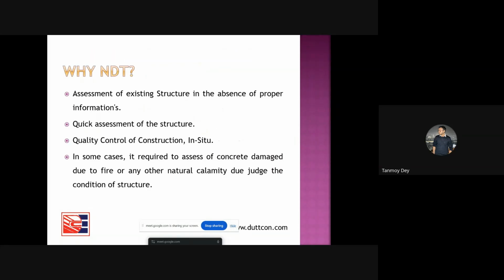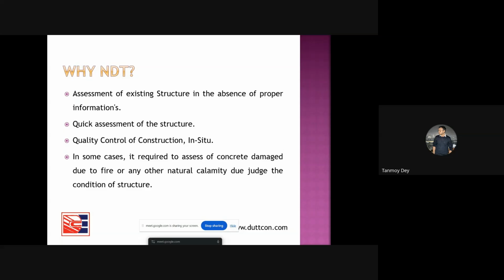Why NDT? I think most of the attendees know this. It is assessing the existing structure in the absence of proper information. These days, I'm not talking about anything political, after the disaster of the Ultadanga flyover, we got the opportunity to check so many bridges along with the Jadavpur University Civil Engineering Department.